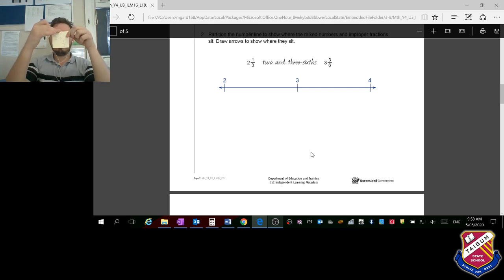So 3/6 and 1/2 are the same. Okay? So 2 and 3/6 is the same as 2.5.